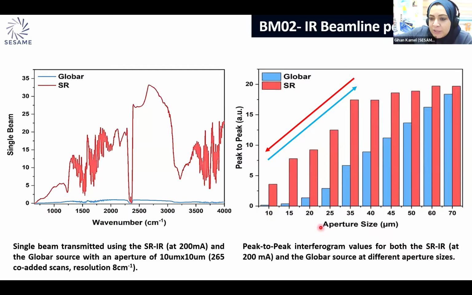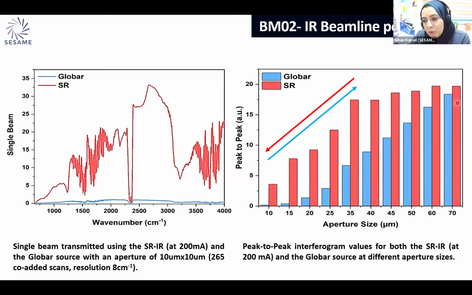This is where I assign the aperture at the microscope. So I close the aperture, I say, okay, I want this size, like 20 by 20, 10 by 10, 5 by 5, and so on. So if I start with 10, 15, 20, 25, for example, I go to 70, 80, 100, yeah? You always see that at the large apertures, the synchrotron and the Globar are almost comparable.